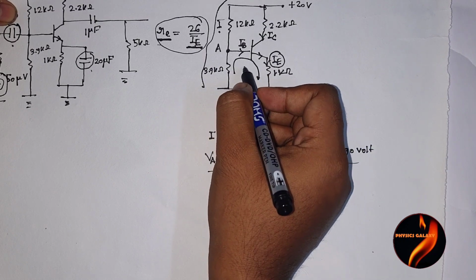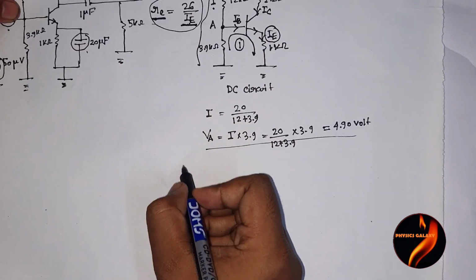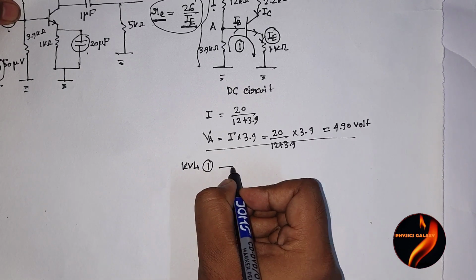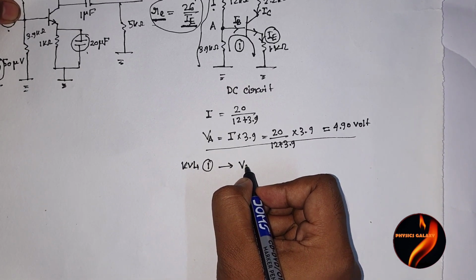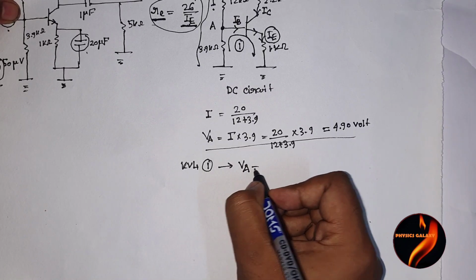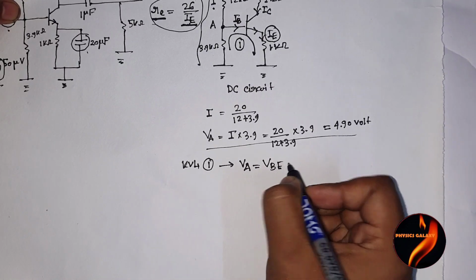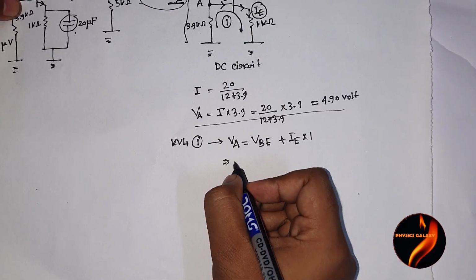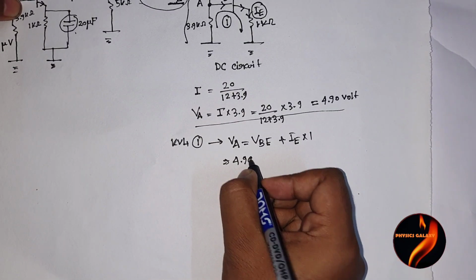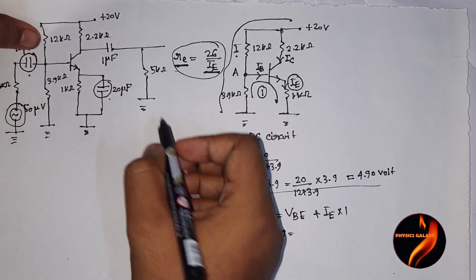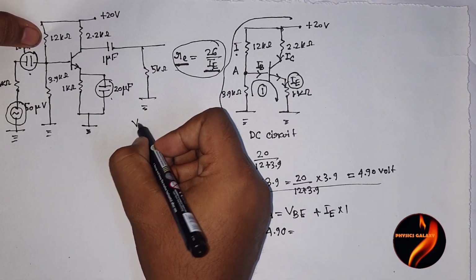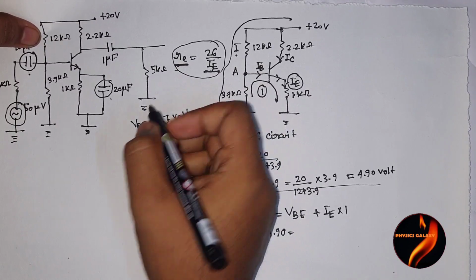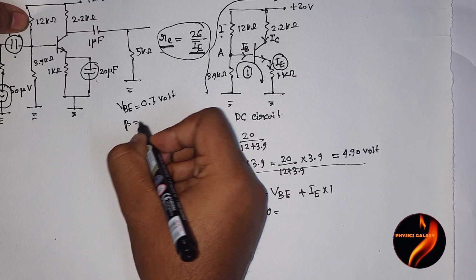Similarly, if we apply KVL in loop 1, we get VA equals VBE plus IE multiplied by 1. VA is 4.90 volt, and VBE is given as 0.7 volt and beta is equal to 200.